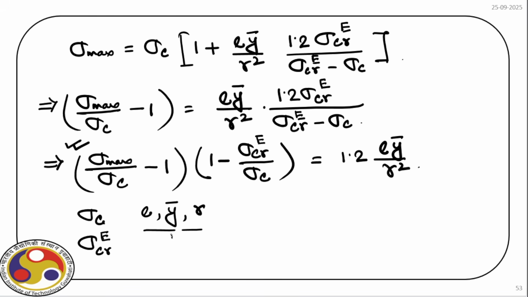So from this we can find out the eccentricity ratio, and once we derive that using this expression, we can find out sigma max. So it is a very useful expression, and this equation is called Professor Perry's formula.